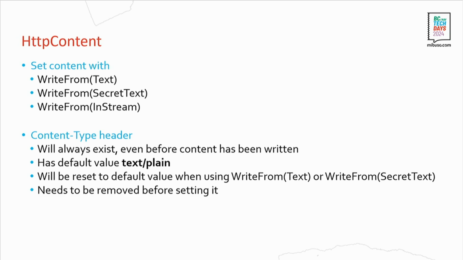Derived types in .NET means an HTTP string content, or an HTTP stream content, different types of HTTP content. If you create in .NET an HTTP string content, it will have a value text plain on the content type header by default.